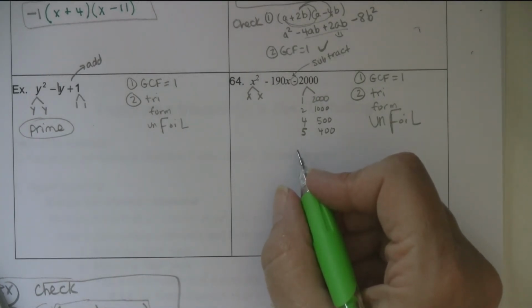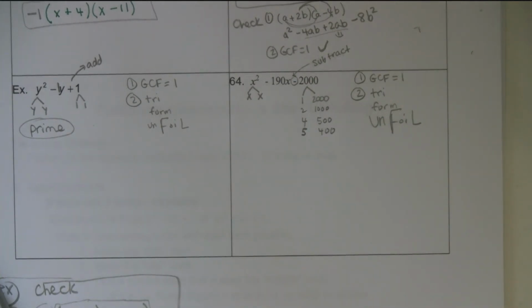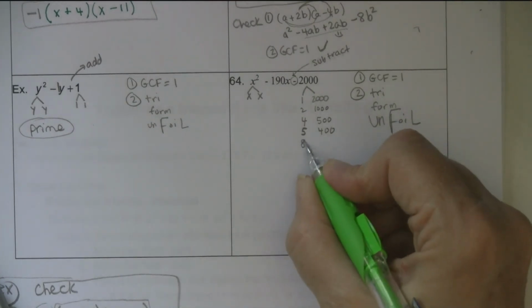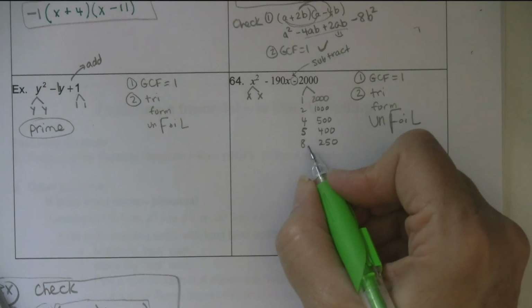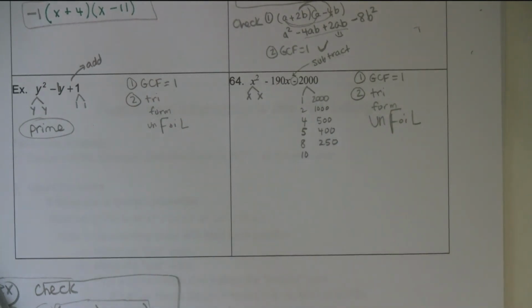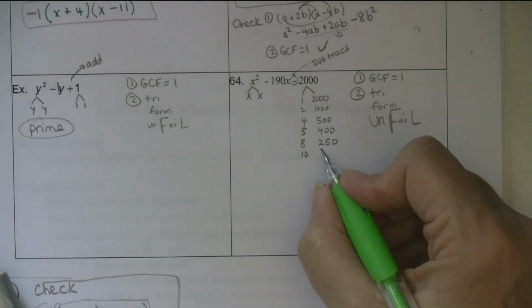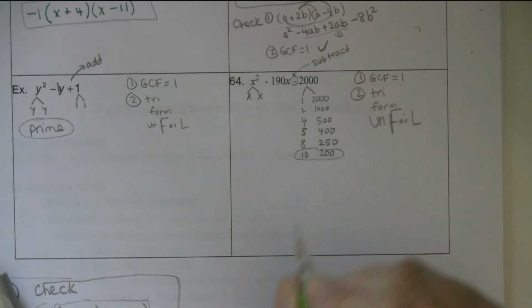6 doesn't go in, 7 doesn't go in, 8, I believe 8 does go in 250 times, but when I subtract those, I don't get 190. 9 doesn't go in, but 10 does, and 10 goes in 200 times, and now all of a sudden, when I subtract those, I do get 190.